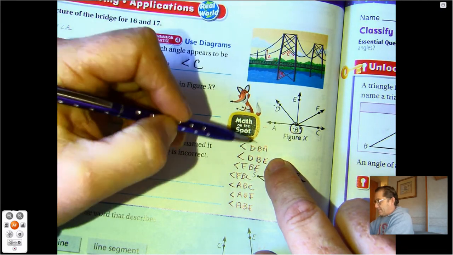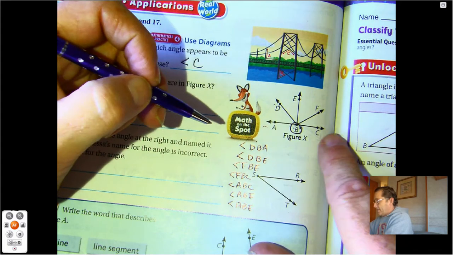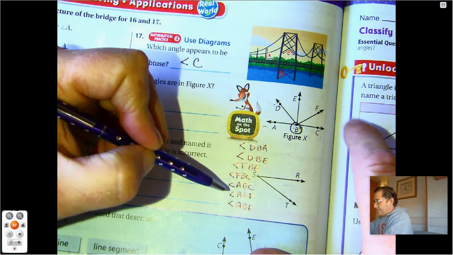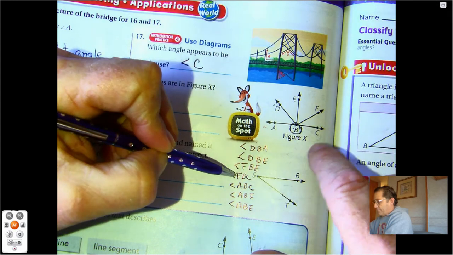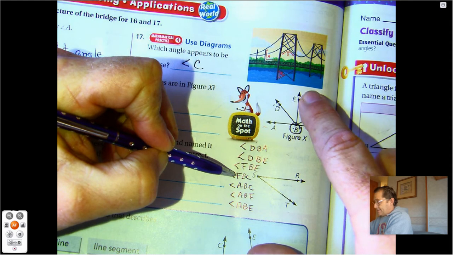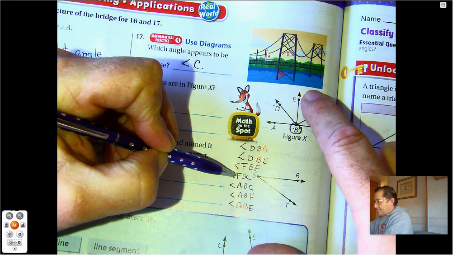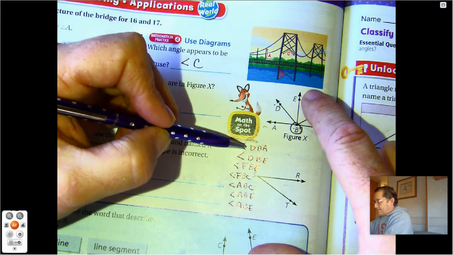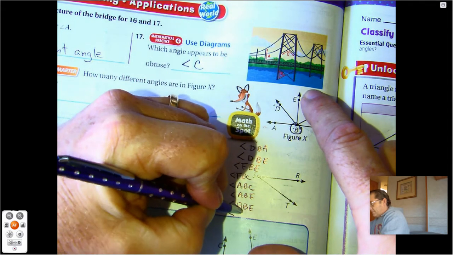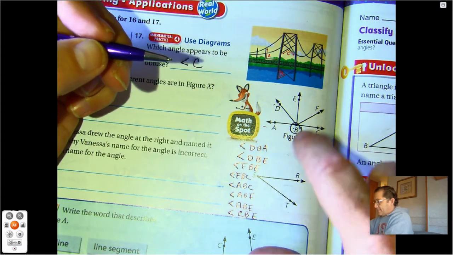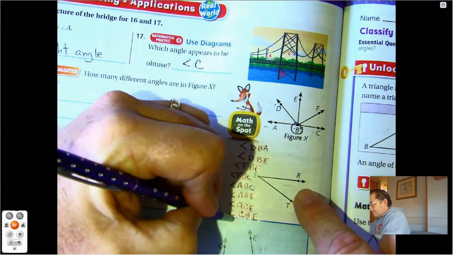I have called it DBA. Okay, how about CBF? Okay, we have FBC. How about CBE? Nope. So angle CBD would be another one.